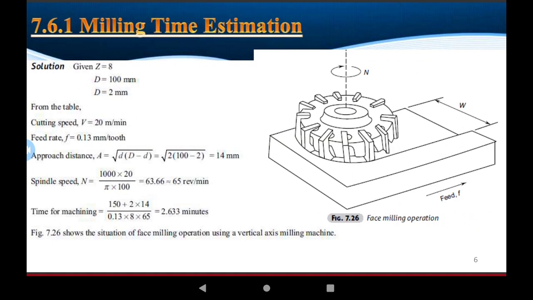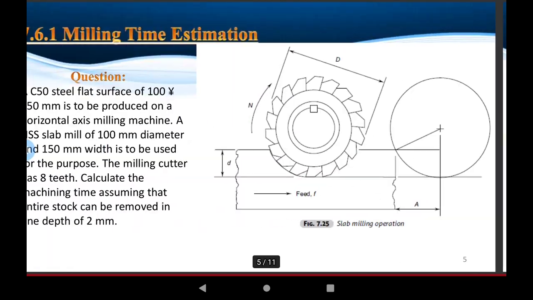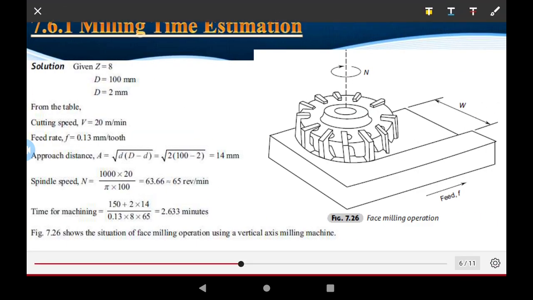This is the given value: l is equal to 150 plus 2 approaches, and the value of the approach a is 14. Putting in the value 14, and f is the feed rate 0.13 into 8, z equal to the number of teeth, which is 8.